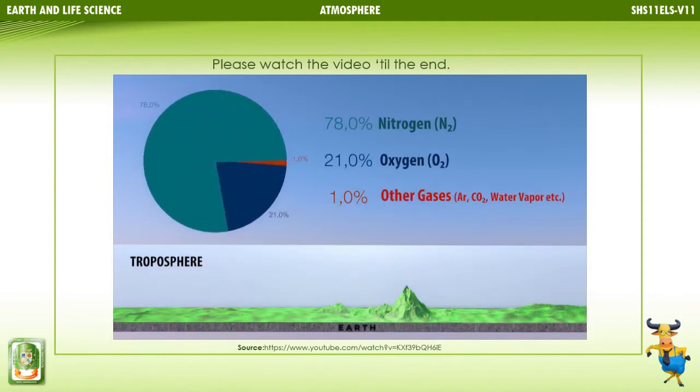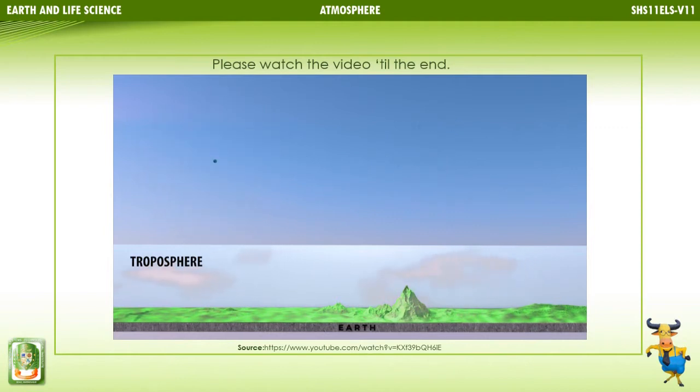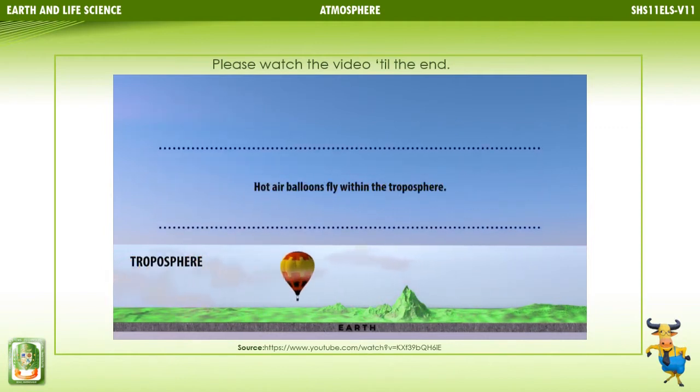In this layer, air is made up of approximately 78% nitrogen, 21% oxygen, and 1% argon, with small amounts of additional gases, including water vapor and carbon dioxide. Hot air balloons fly within the troposphere.